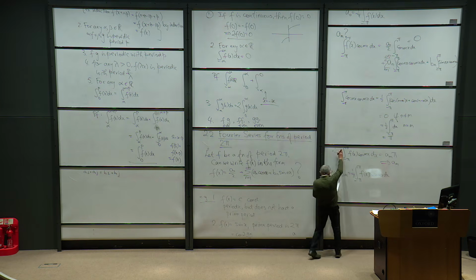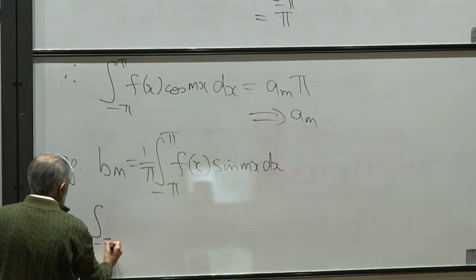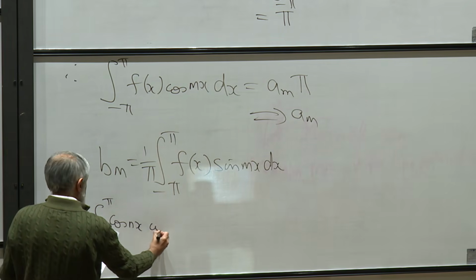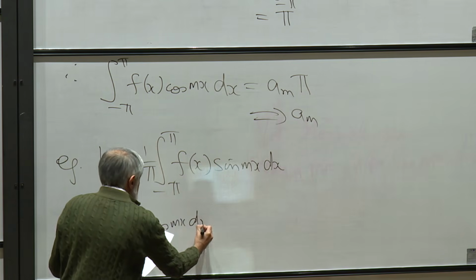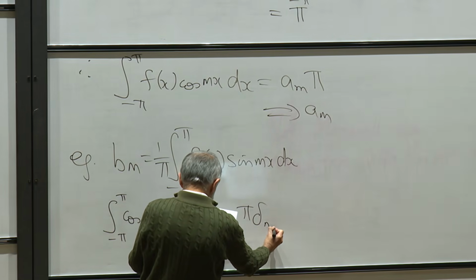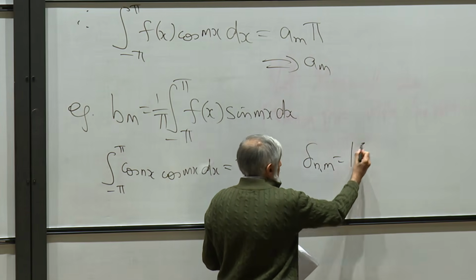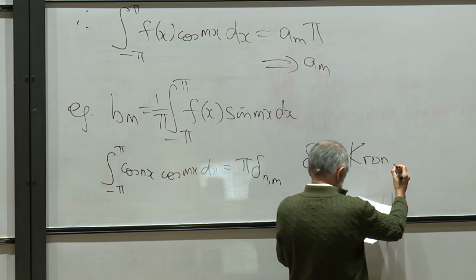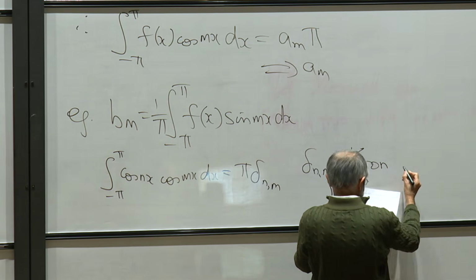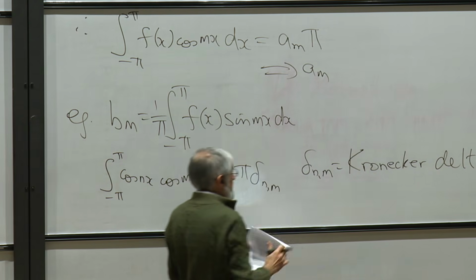Okay? So what we say, and these are in the problem sheets, we define that to be pi times delta nm, where delta nm is the Kronecker delta. Make sure I spell this correctly. Remember what the Kronecker delta is.